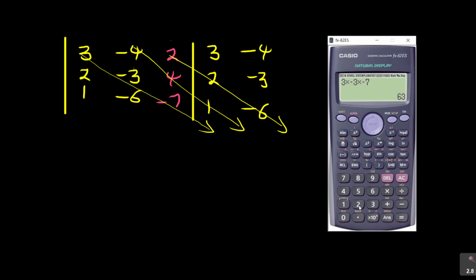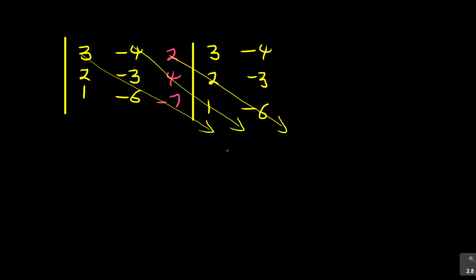The other one is 2 times 2 times negative 6, which is negative 24. So here, negative times negative is positive 63, and then you add 4 times negative 4, which is negative 16, you can put it in brackets, and then plus 2 times this, which was negative 24, if I'm not mistaken there.